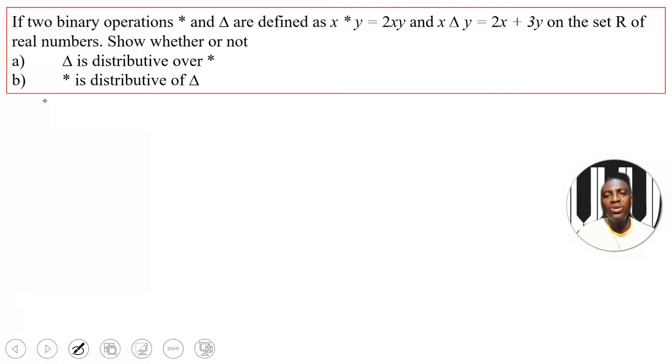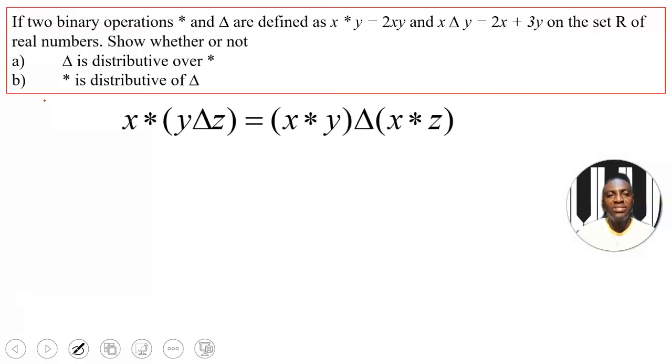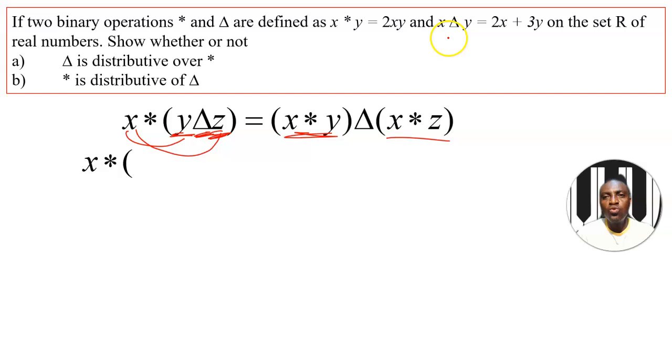So the same thing, we now have our operation star going to distribute. So it will be x operation y, that is this one, triangle x operation z, and that is that one. On the left hand side, I'll do the bracket first. So I'll maintain my x star into bracket. I'm doing y operation z, and y operation z will go by this, which is 2 times the first plus 3 times the second.